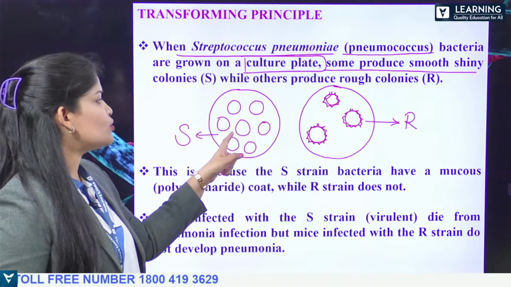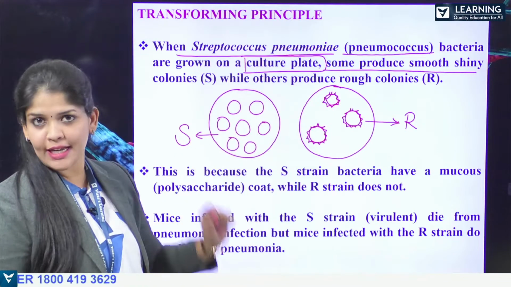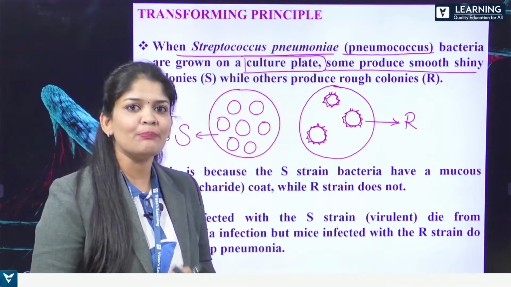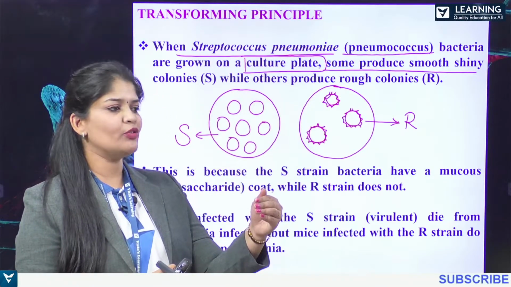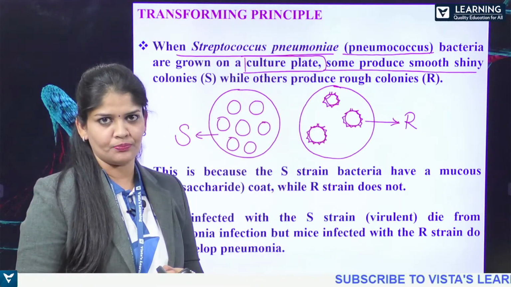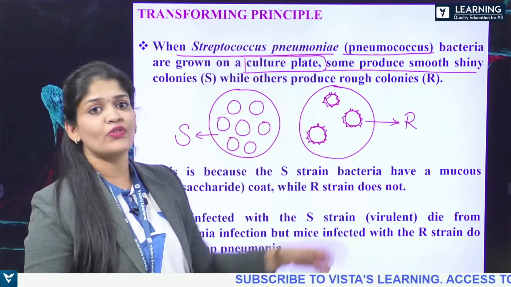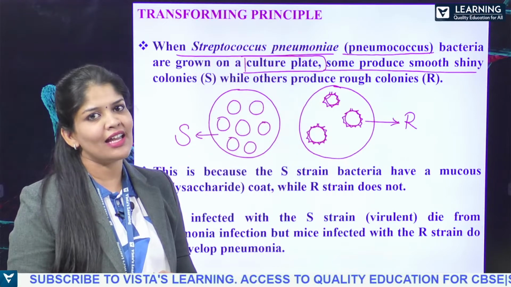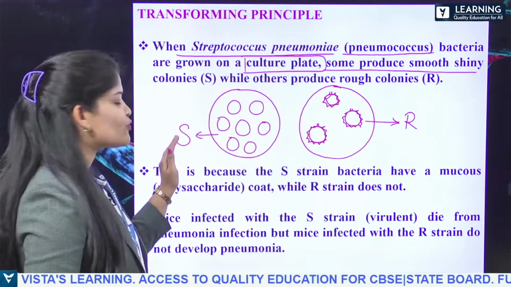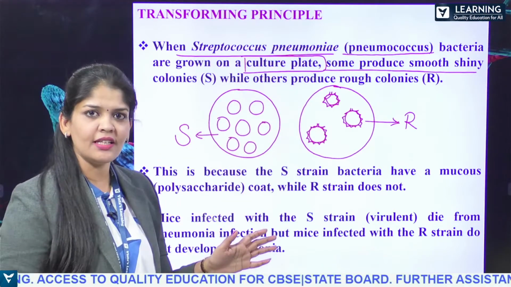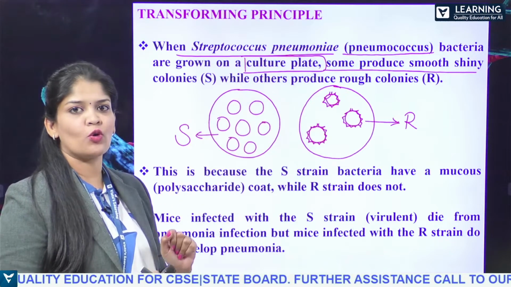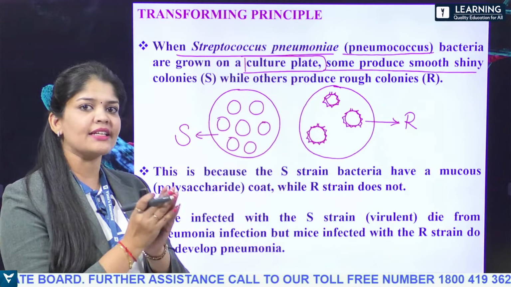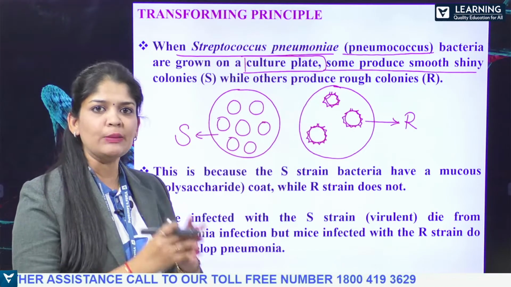Due to the presence of this mucus polysaccharide coat, the S strain is stable against the immunity of a host organism. Whereas the R strain does not have the polysaccharide coat, and because of that it is avirulent. So S forms are smooth, shiny, contain the polysaccharide coat and are the virulent form. Virulent means they are capable of causing pneumonia.